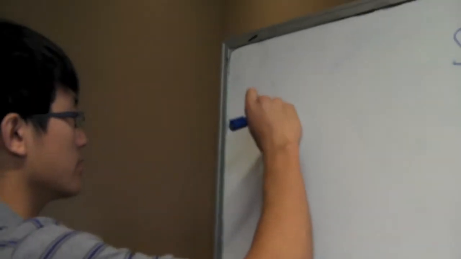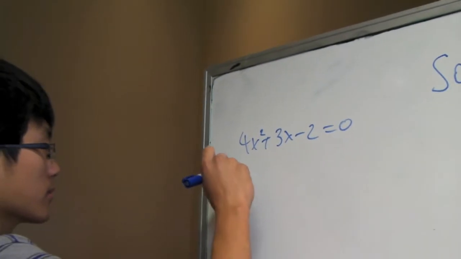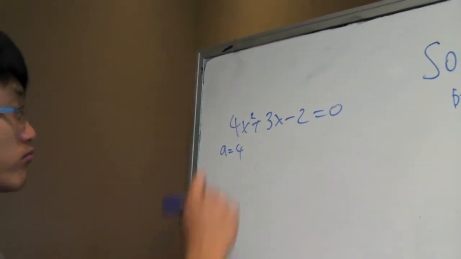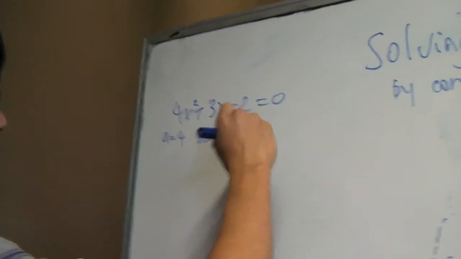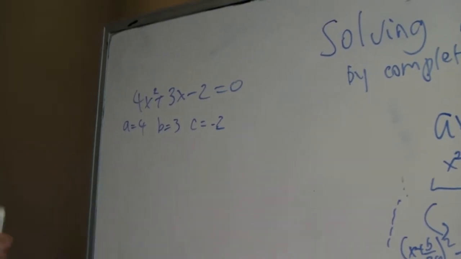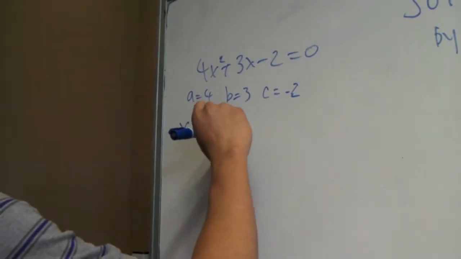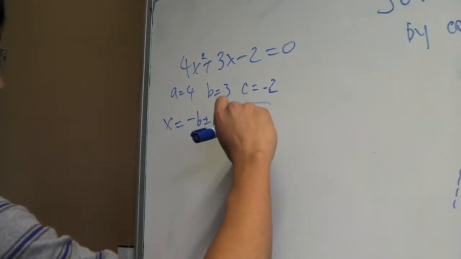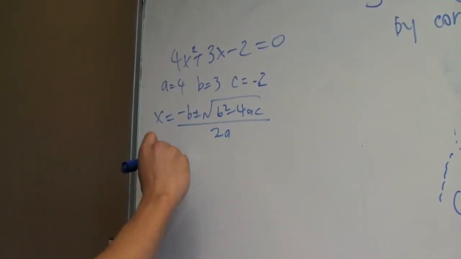So, let's say you have 4x squared plus 3x minus 2 equals 0. a equals 4, b equals 3, c equals minus 2. Okay? So, using that formula immediately, x equals minus b plus or minus the square root of b squared minus 4ac. So minus b is minus 3.